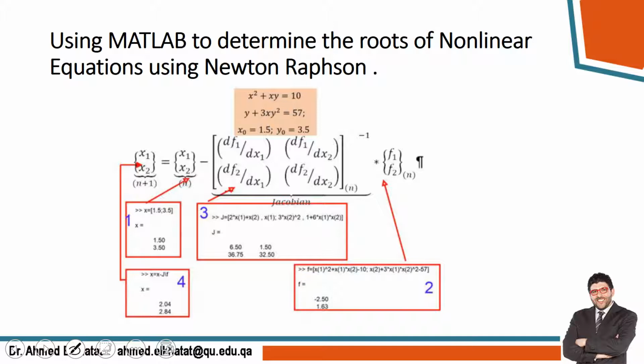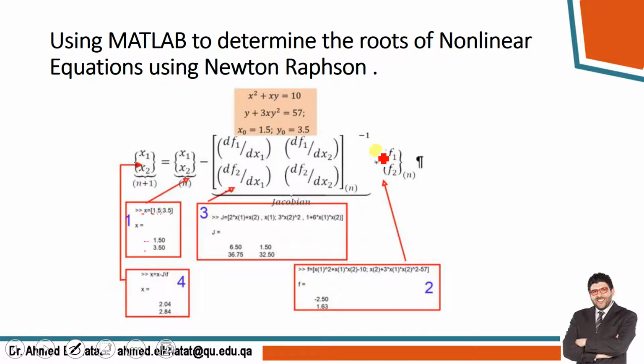This is the same previous example. So how can we use it to create the code? The first thing is to put x equal to 1.5 and 3.5, the first guess, so what will appear is 1.5 and 3.5.